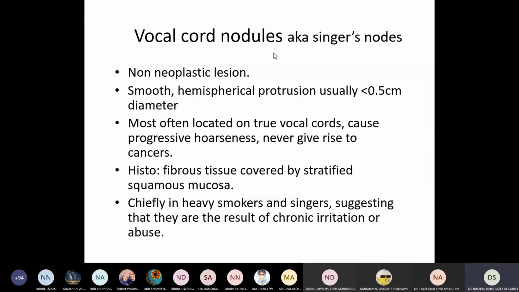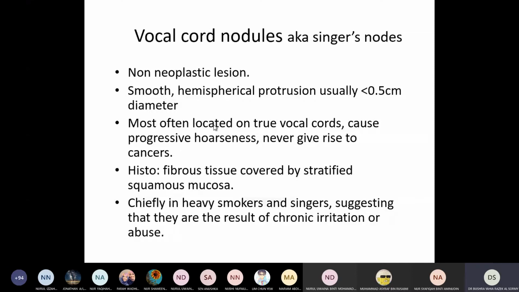For vocal cord nodule, we call it a singer's node. This is a non-neoplastic lesion. It is a small hemispherical protrusion, usually less than 0.5 cm in diameter, most often located on the true vocal cord. It causes progressive hoarseness and never gives rise to cancer because it is non-neoplastic.